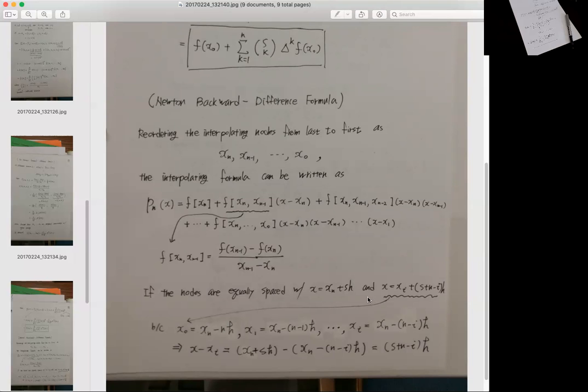Give me a second. See. Yeah, so now here, x0, let's see that. Yeah, x0 is equal to xn minus n times h, is it? Right? Then x1 is going to be xn minus n minus 1 times h, is it? Okay. Through the... yeah, give me a second.